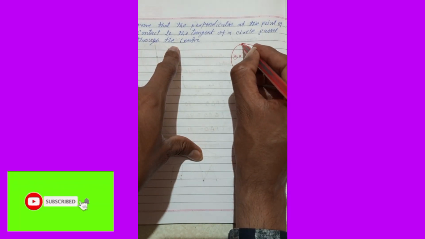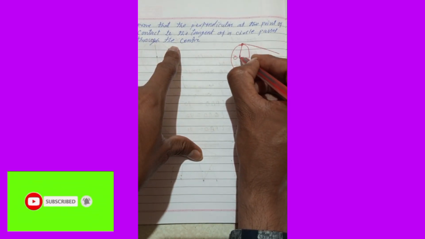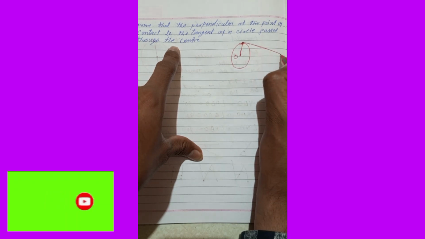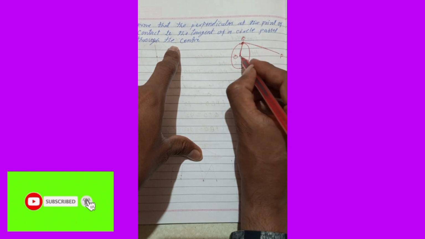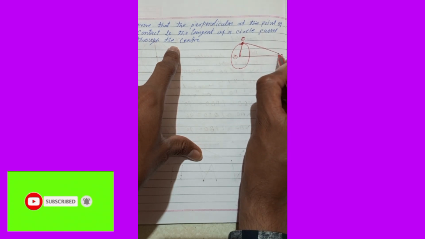Let this point be P, this Q, and this O, and we join this line also.